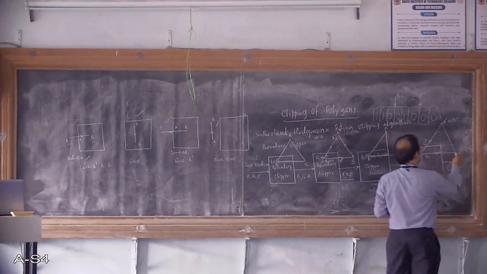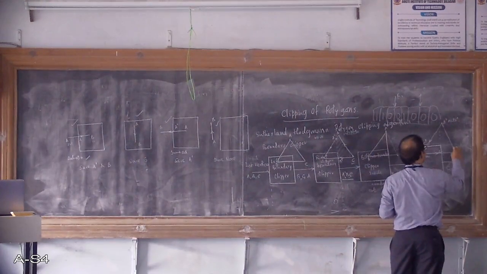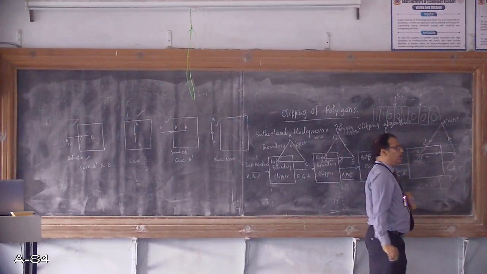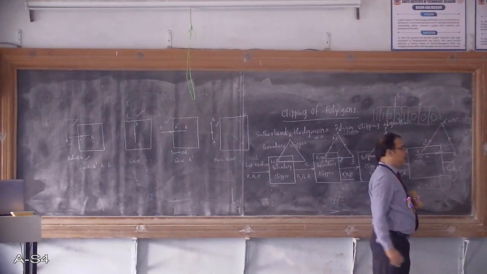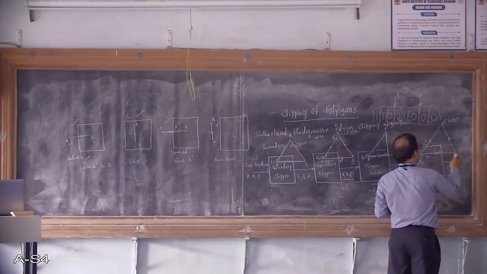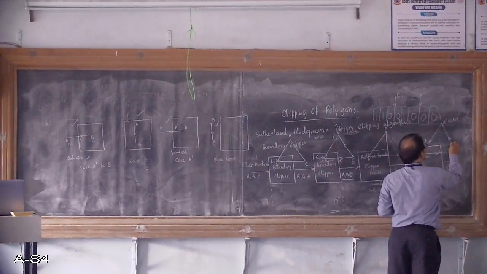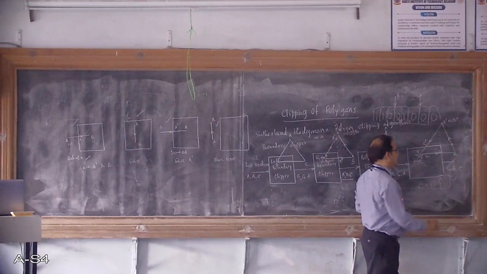And now the third edge, C to A, we are progressing from the vertex C and reaching A dash. As far as this C A dash edge is concerned, the edge intersects the top boundary here.